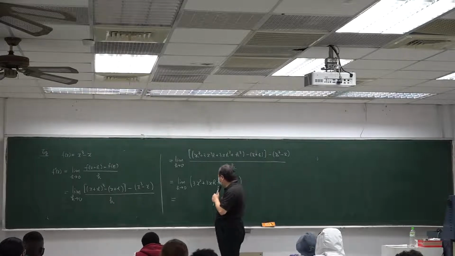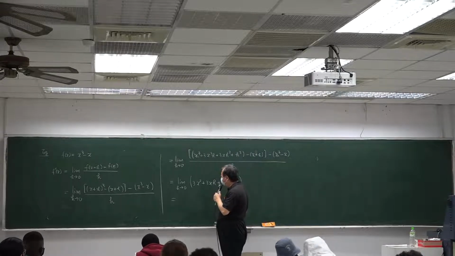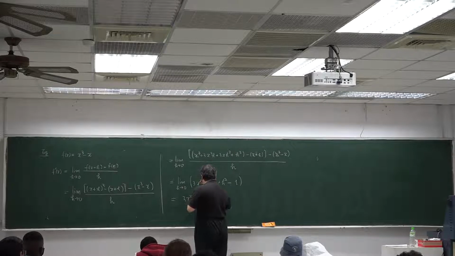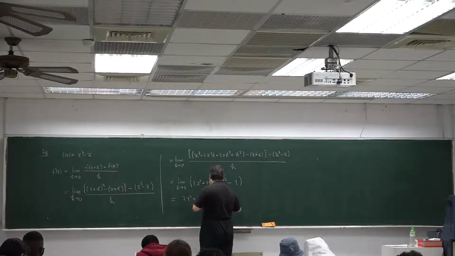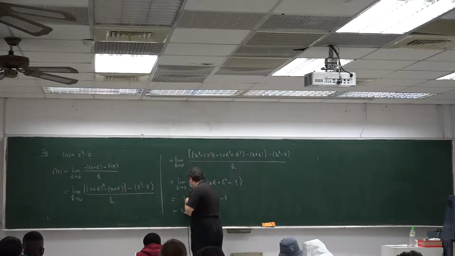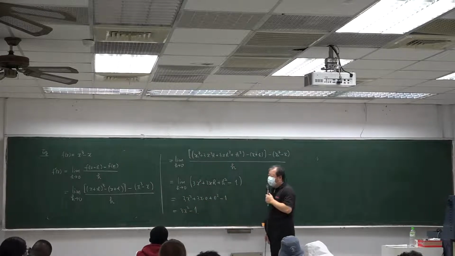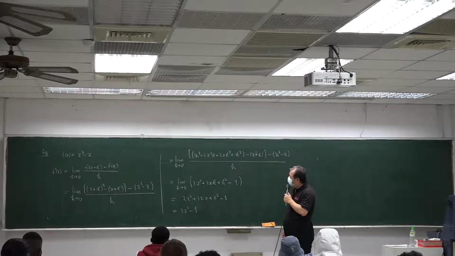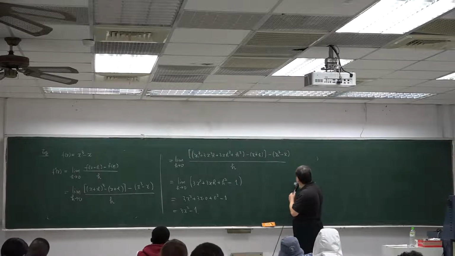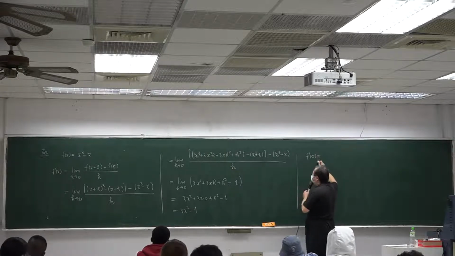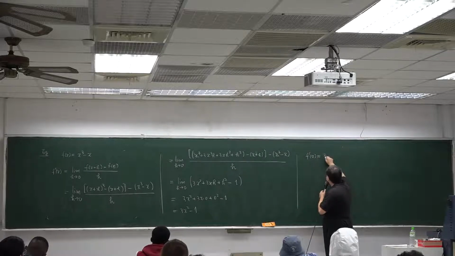As h approaches 0, we evaluate this limit by direct substitution. So this is the formula of f prime of x.